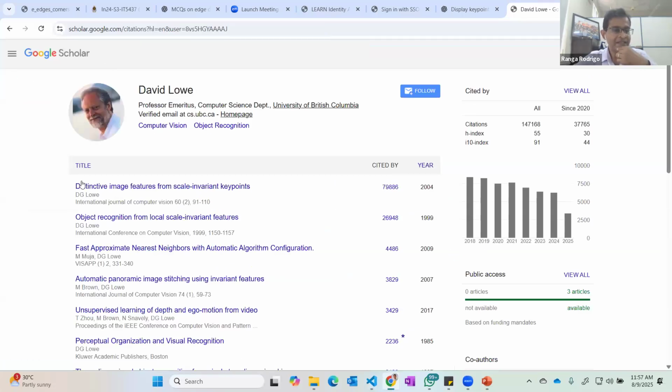For the SIFT paper, 79,000 citations, 80,000 citations. Our whole university does not have this many citations.